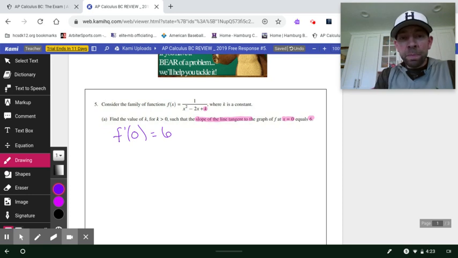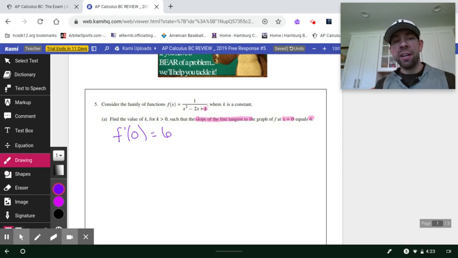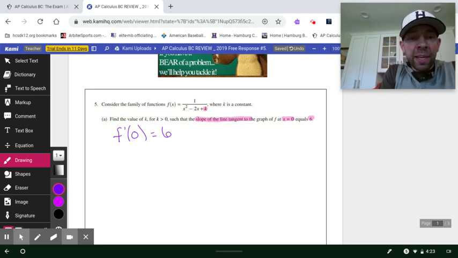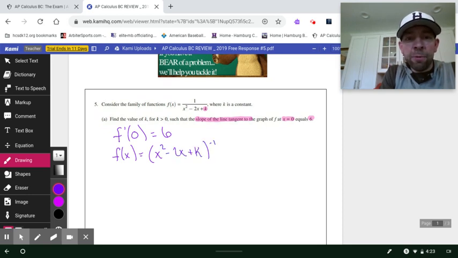Now the question is, how do I best want to take this derivative? What's the most efficient way possible? I think it's kind of a coin toss here. You can go quotient rule, or you could rewrite the original f of x with a negative exponent and do chain rule. I'm probably going to go with the latter. So I'm thinking of f of x as the quantity x squared minus 2x plus k raised to the negative 1.